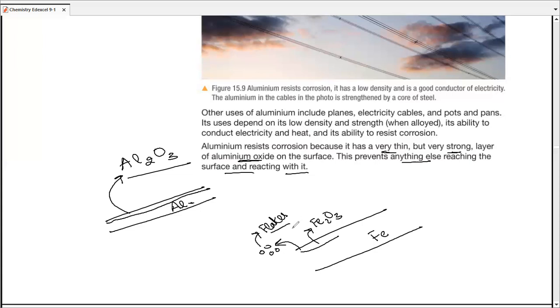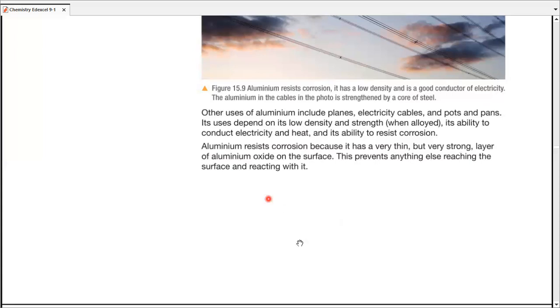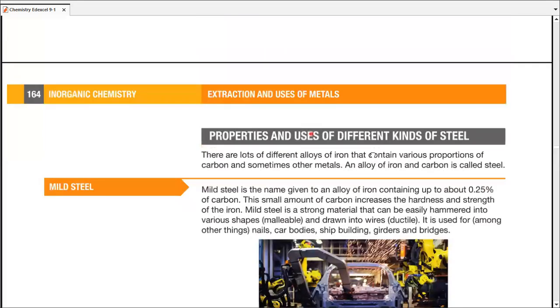Those flakes are pretty simple and small, and from the word flakes, you get an idea of what happens to iron after it gets corroded. But the same does not happen to aluminum oxide. So, this difference keeps aluminum intact and resistant to corrosion as opposed to iron. So, that actually makes aluminum very, very useful.